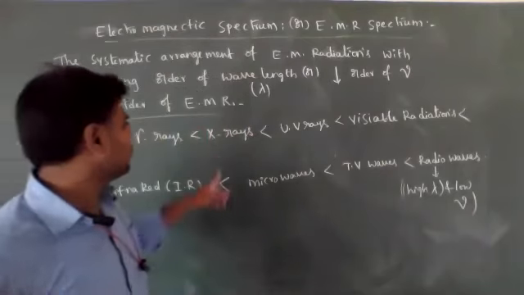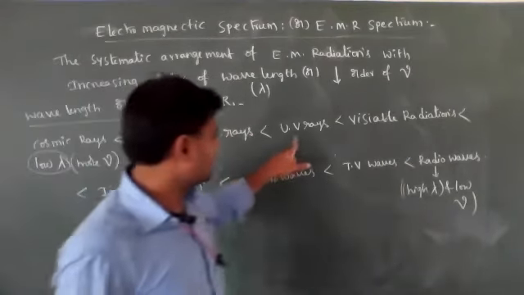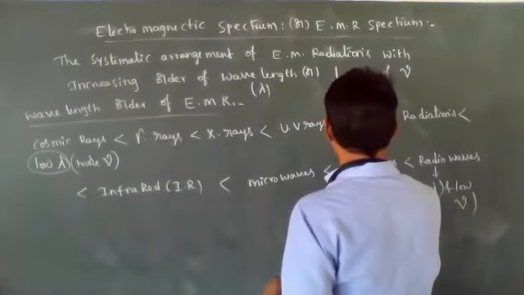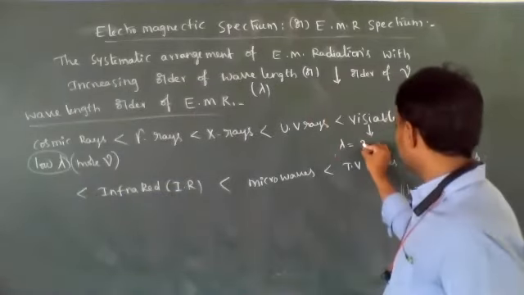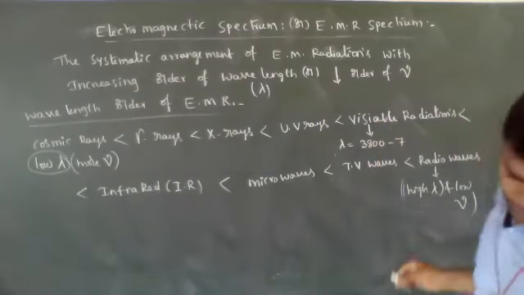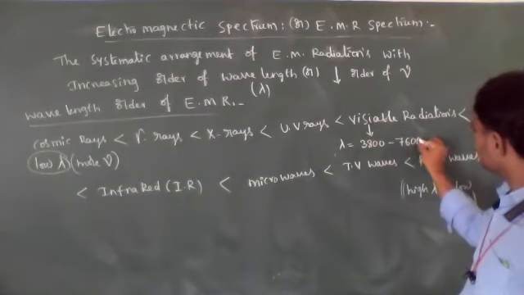Out of that, mostly we should know the wavelength range of visible radiations. The visible radiations' lambda is around 3800 to 7600 angstroms.